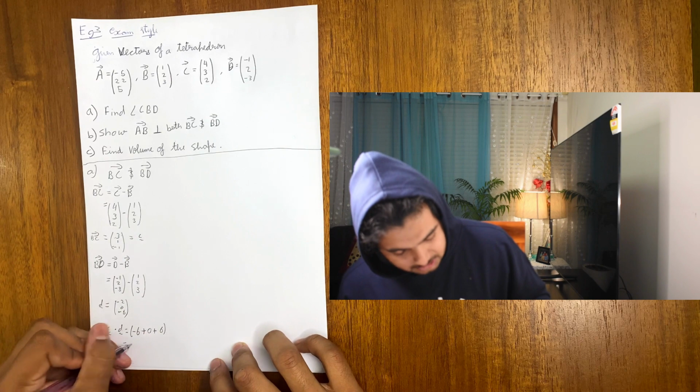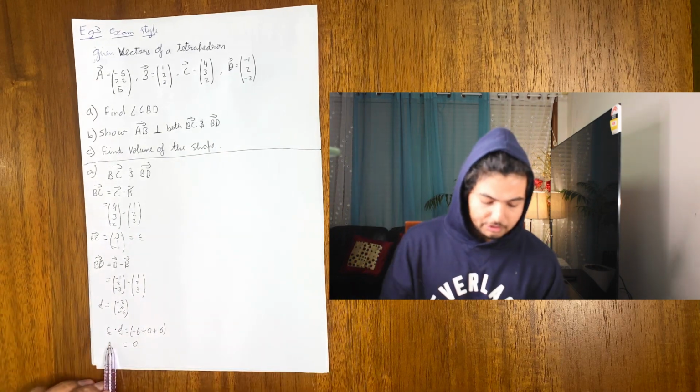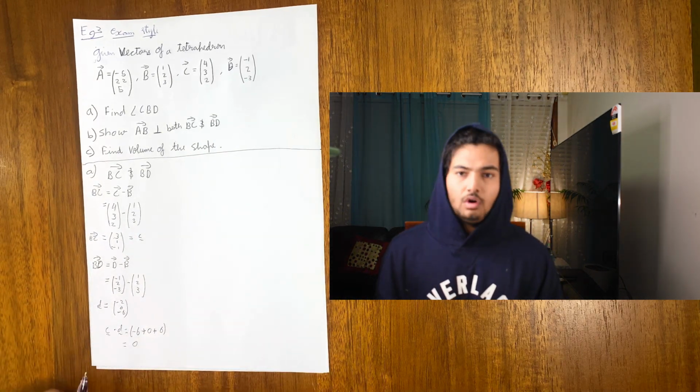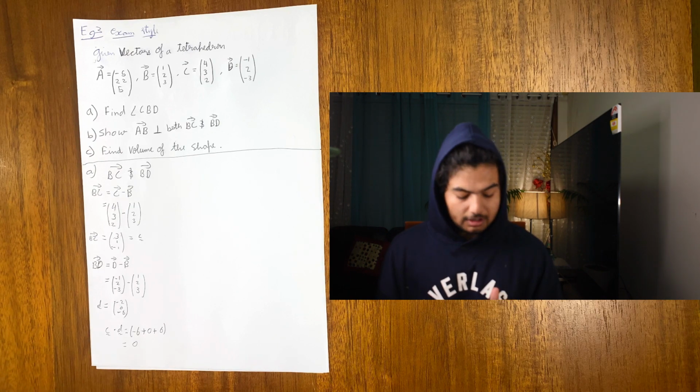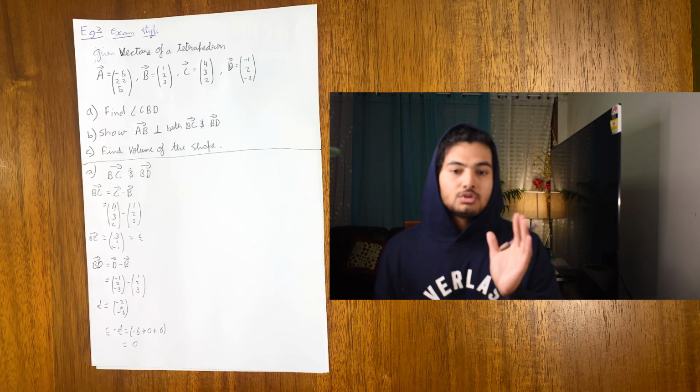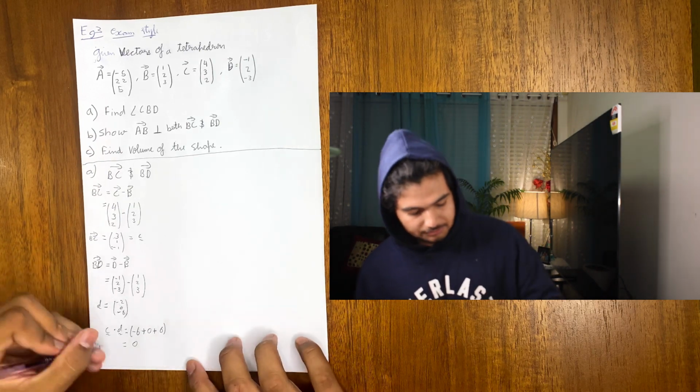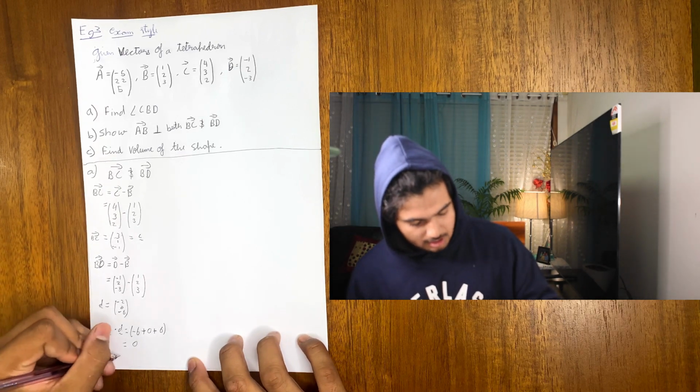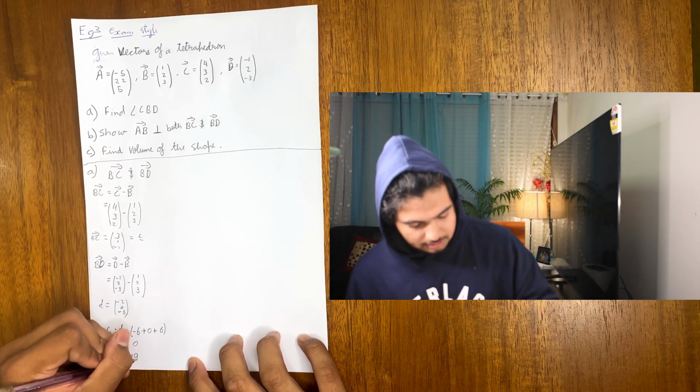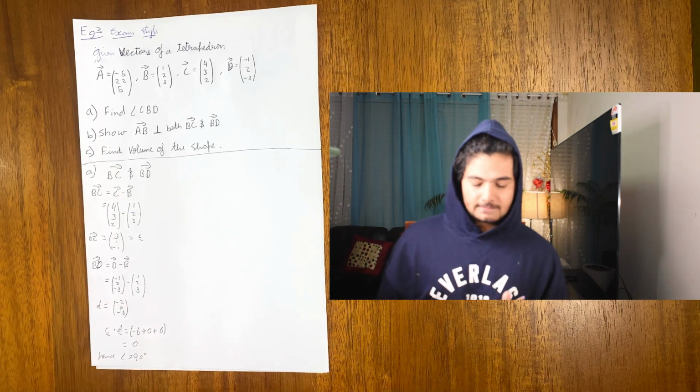So negative 6 plus 6 is 0. If the dot product of 2 vectors gives you 0, you know that those 2 vectors are perpendicular. Hence, the angle equals 90 degrees. That is how you do A.